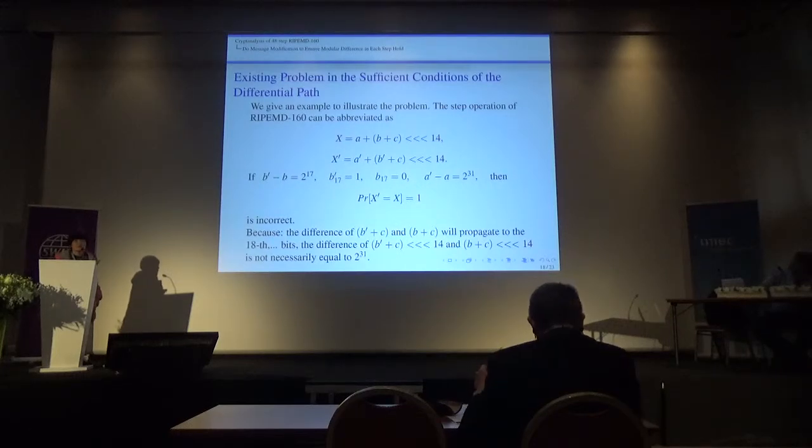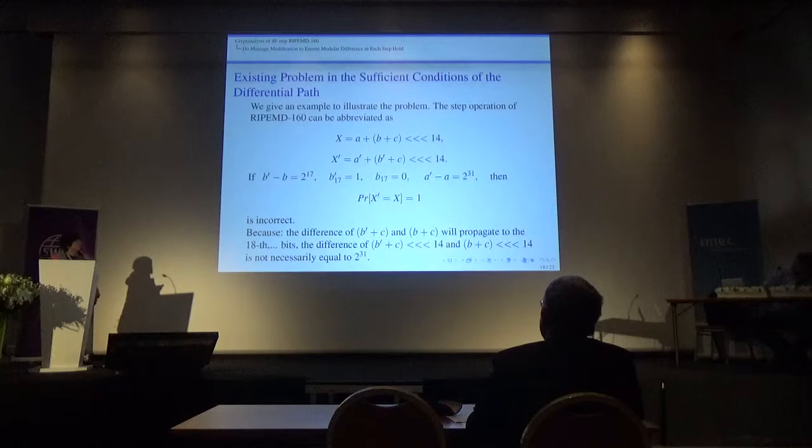Here is the second problem considered in this paper. It is about the sufficient conditions of the differential case of RIPEMD-160, because its step function is not a T function. The step function can be abbreviated as follows, with x and x prime.